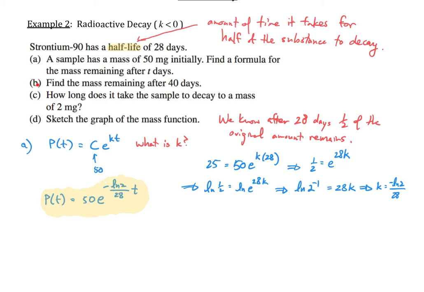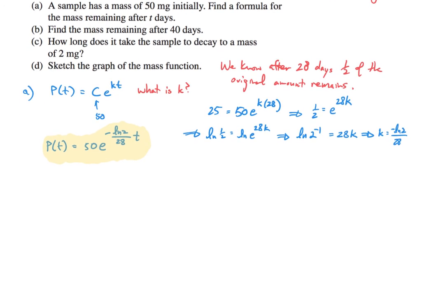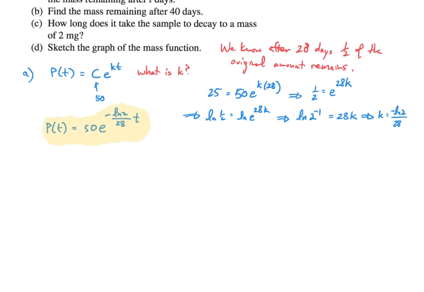Let's take a look at part B next. It says, find the mass remaining after 40 days. So in this case, we just need to substitute in a 40 for t. So when we look at part B, we are going to get P of 40. That's going to be equal to 50 e to the negative natural log of 2 over 28 all times 40.